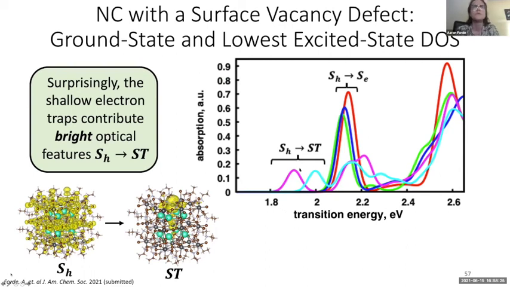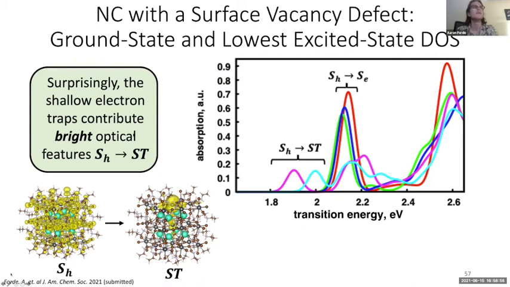So these magenta and light blue features, where I think magenta considers a phase defect, as shown previously, and the light blue is like an edge defect on the surface. And then we still get these bright SH to SE optical transitions from, I guess you'd say, the pristine band gap.